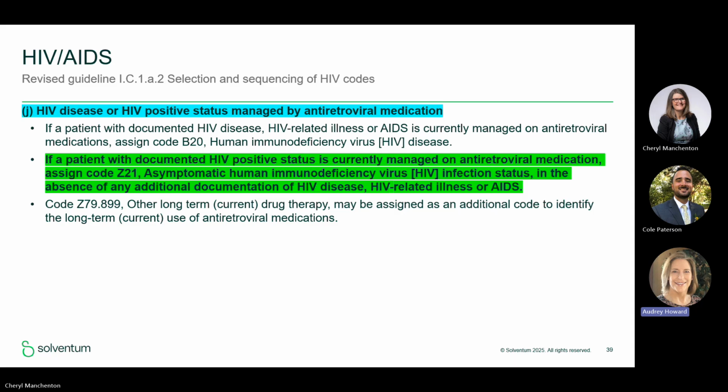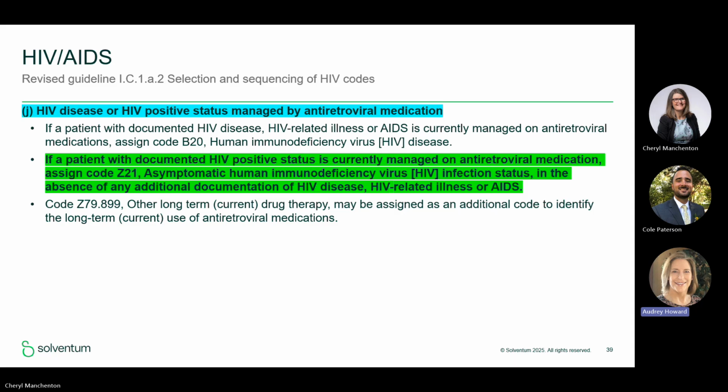But then the following was added to this guideline. If a patient with documented HIV positive status is currently managed on antiretroviral medication, assign code Z21, asymptomatic human immunodeficiency virus, or the HIV infection status, in the absence of any additional documentation of HIV disease, HIV-related illness, or AIDS.